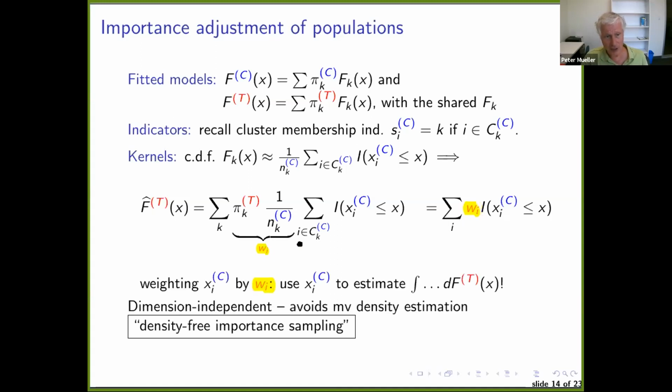And that justifies the use of these weights. Let's pause here for a moment. So these weights are weights that we can use to approximate posterior means of whatever function of interest under the red distribution by blue patients.